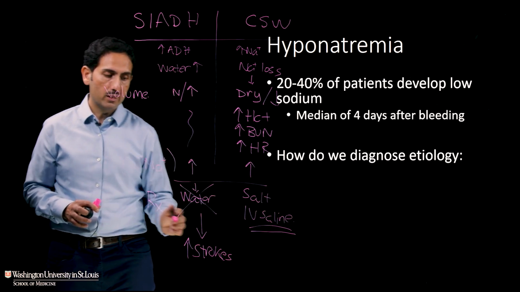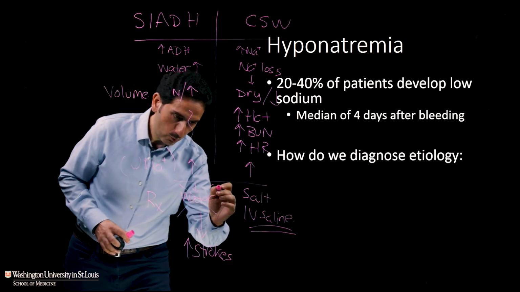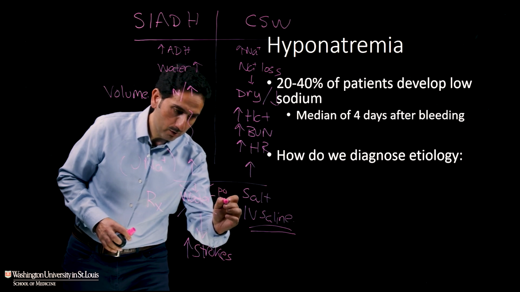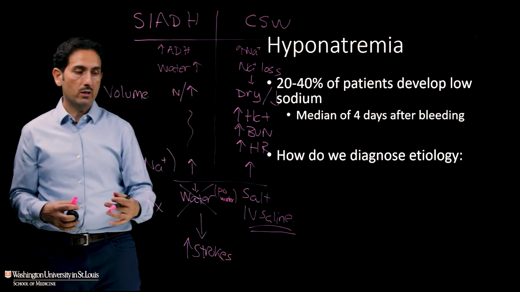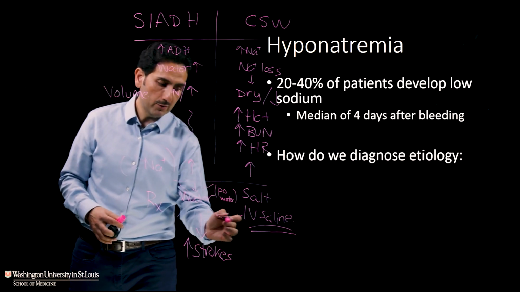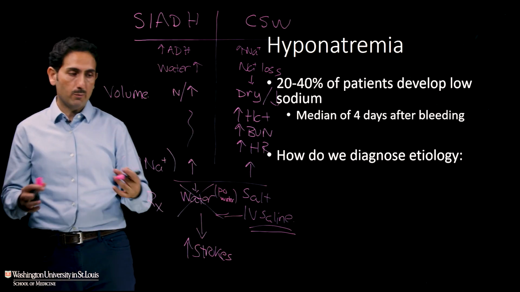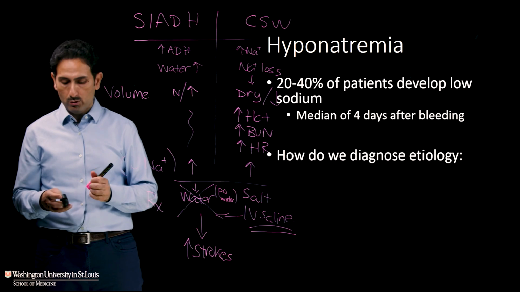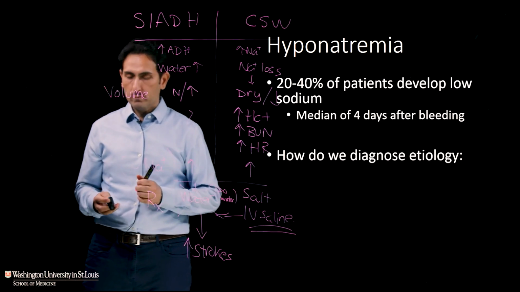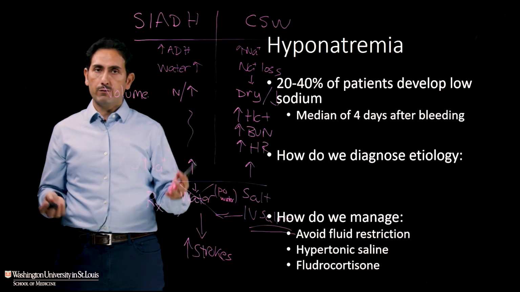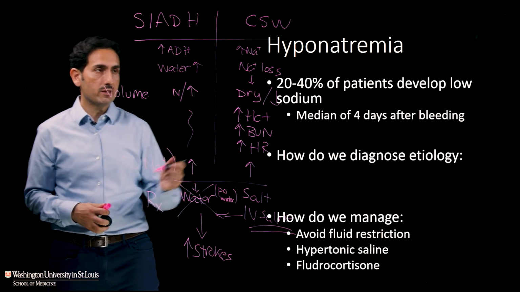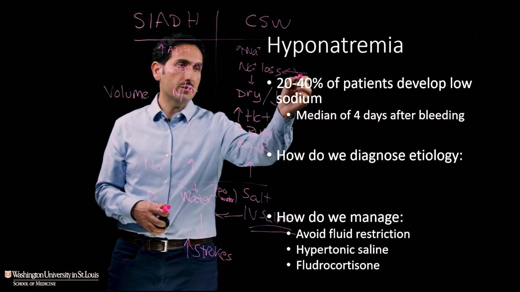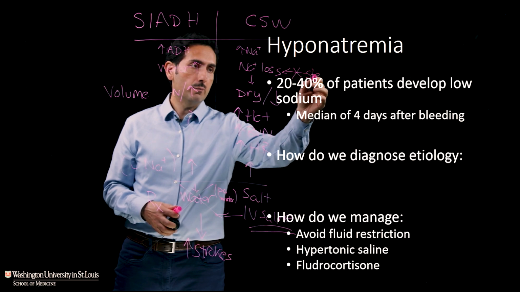Now what you can do is restrict just PO water, meaning you don't want them to drink lots of water and juice, but you don't want to stop their IV fluids because you want to keep the hydration up. So fundamentally, you have to avoid fluid restriction, give hypertonic saline, and then, because this is a salt wasting problem, sometimes you can block that with steroids.